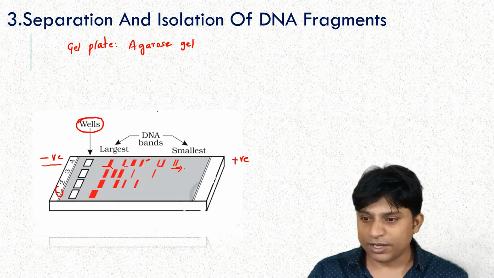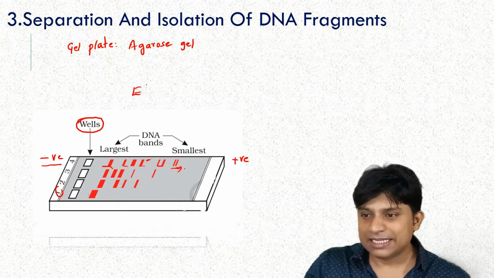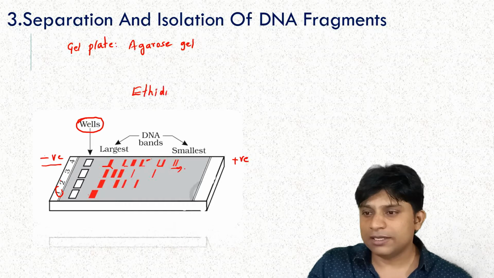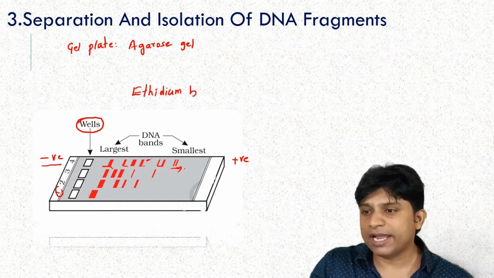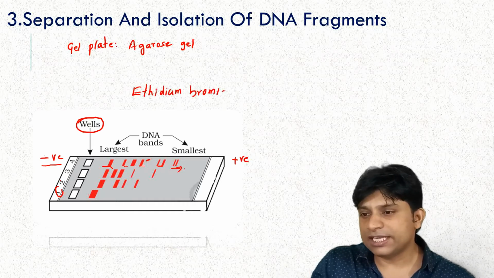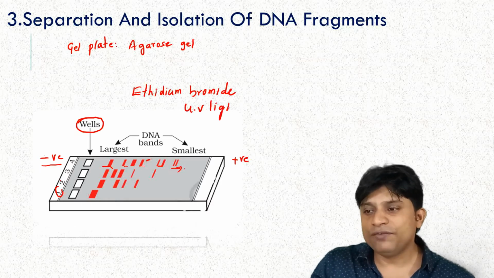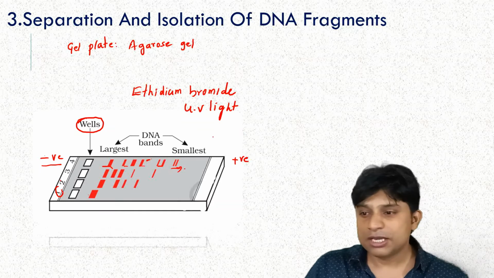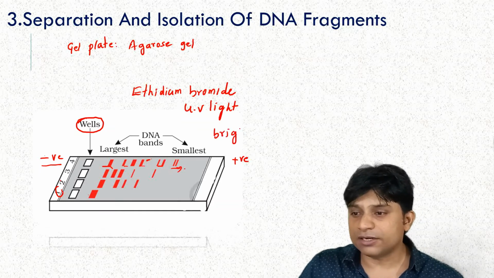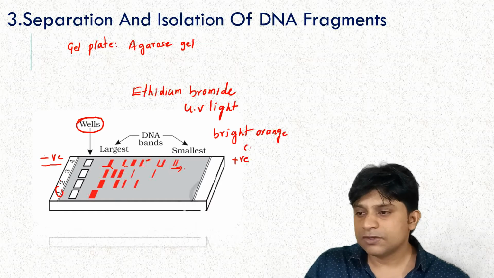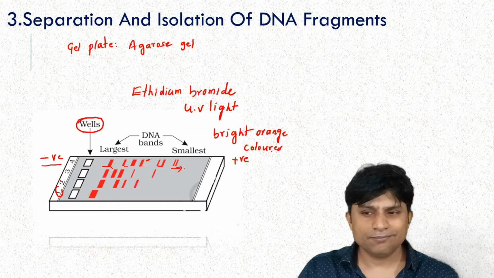So as a result, we are going to treat this with a compound called ethidium bromide. Under exposure to UV light, ethidium bromide gives bright orange colored fragments.